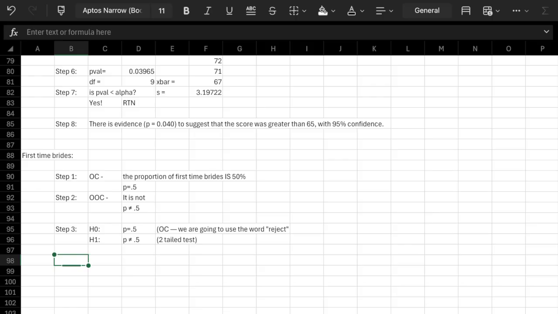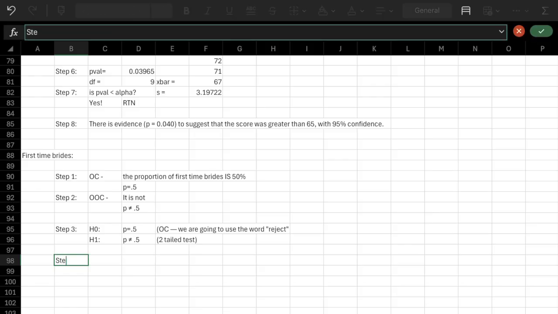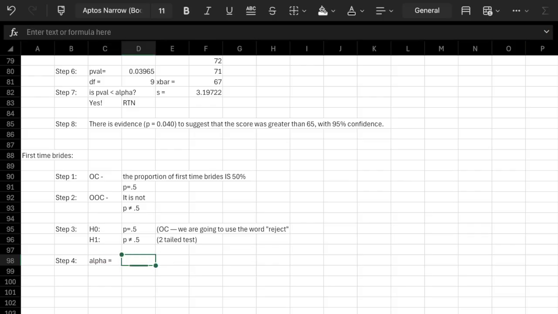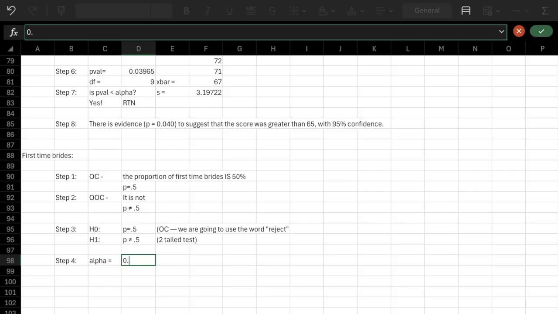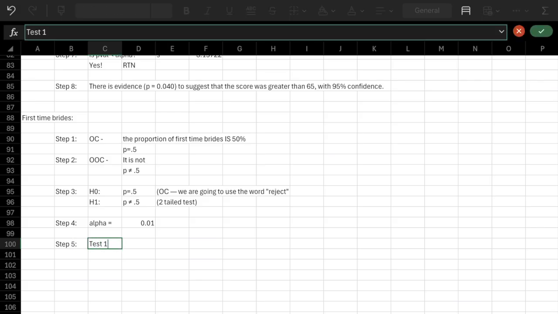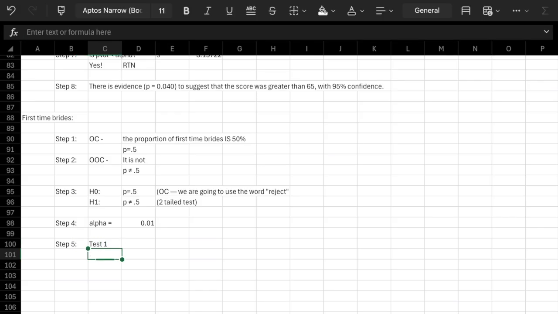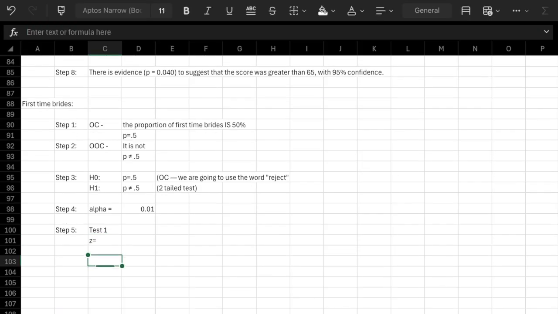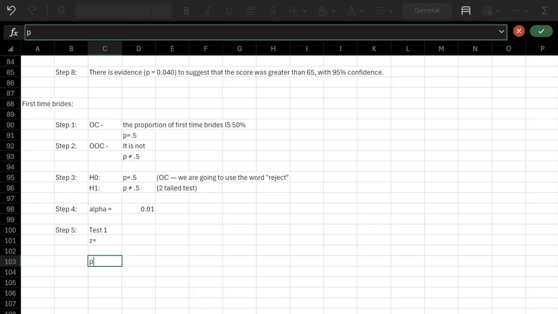We either accept or reject the null hypothesis. Okay, so step 4 now. Significance level, alpha. If you'll recall, I believe it was 0.01. Now it's time for step 5. Okay, so we already established that this has to be test 1 because it's a proportion. So that's going to be a z-score here. And what do I need? Let's see. I need p hat.